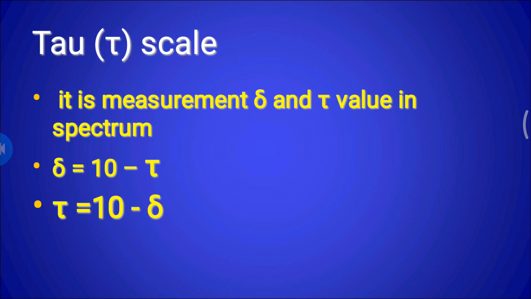We calculate delta, the chemical shift, as 10 minus tau. If we calculate the tau value, then tau is equal to 10 minus delta.